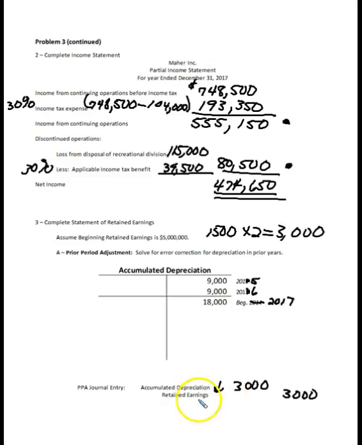So that has impacted retained earnings, right? Recall, expenses get closed to retained earnings. So I can't credit depreciation expense here because in 2015 and 2016, depreciation expense was closed to retained earnings. So that $3,000 is in retained earnings. Okay, I'm going to post this to accumulated depreciation. And so we would have a $15,000 revised balance.